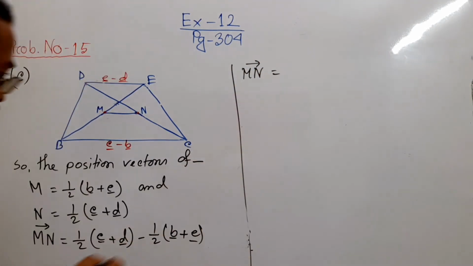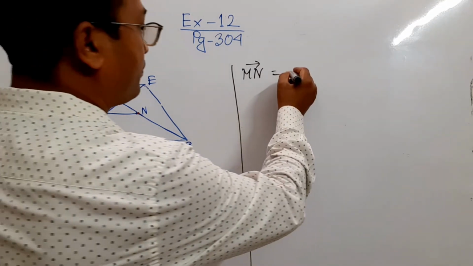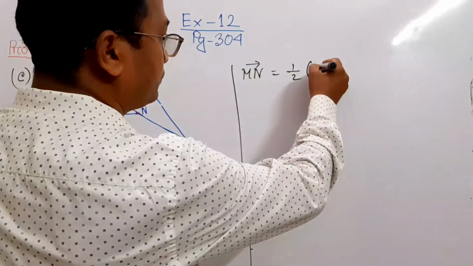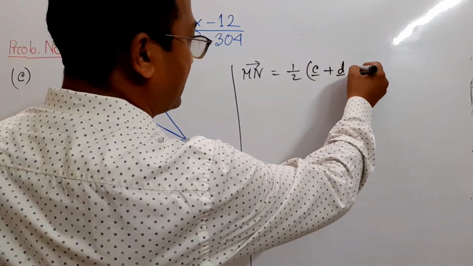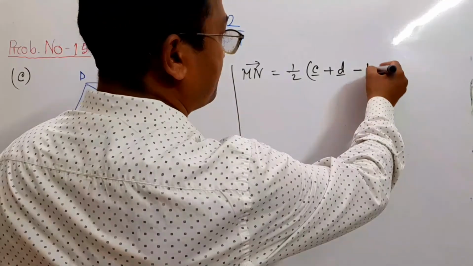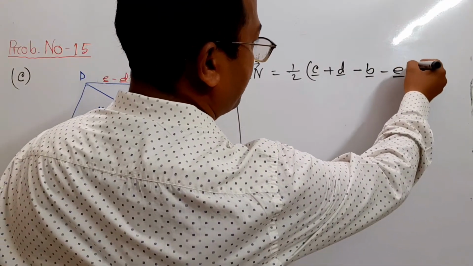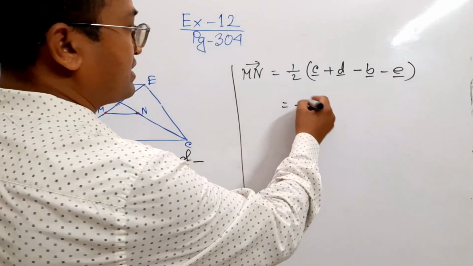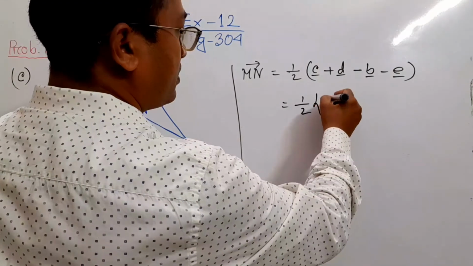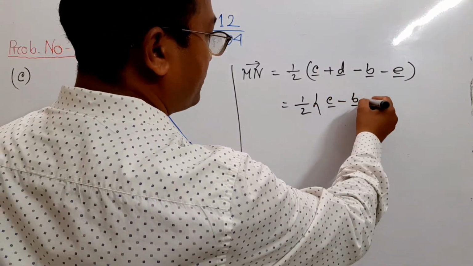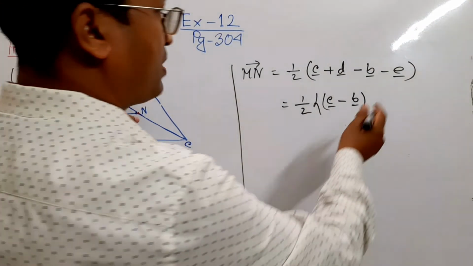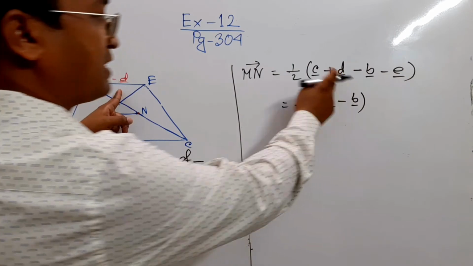MN is equal to, take half common, half of c plus d minus b minus e. Now arrange it like this: c minus b, and e minus d. But look, this is minus e plus d.